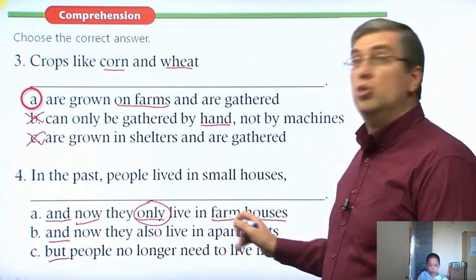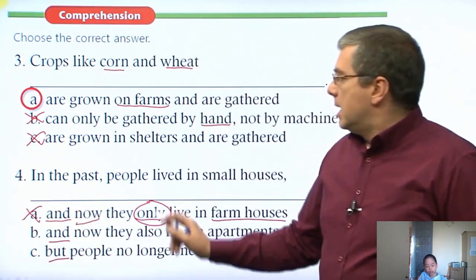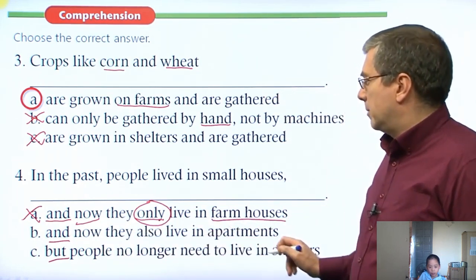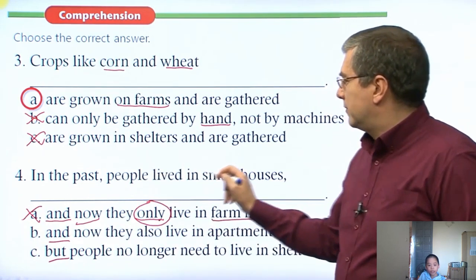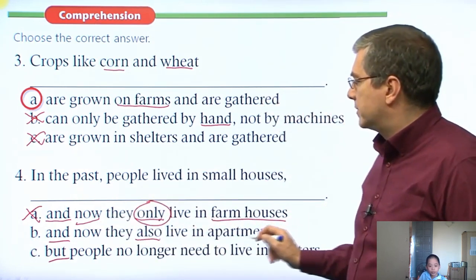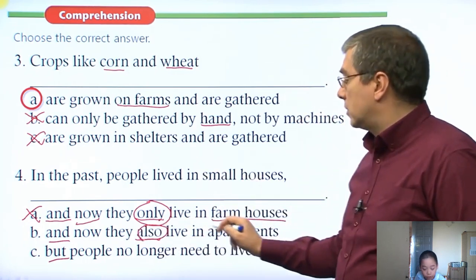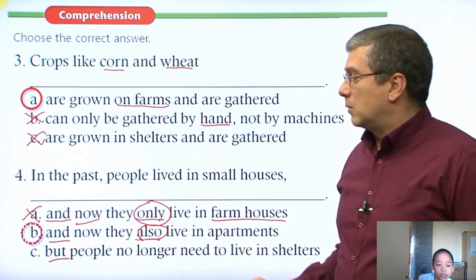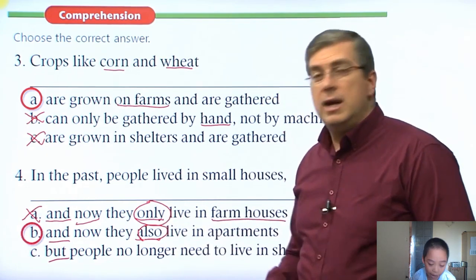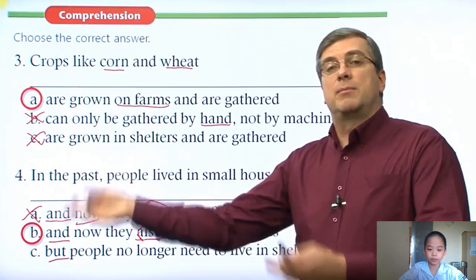Let's go to the next one. I know the answer. Let's go to B. And now they also live in apartments. Does that fit? In the past, people lived in small houses, and now they also live in apartments. Yes, because now there are also some people who live in small houses.